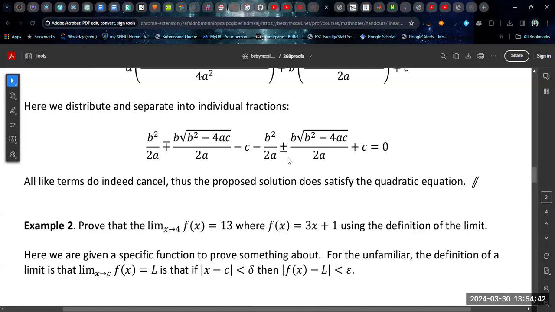And then here I have plus minus. So the minus goes with the plus, they cancel. The plus goes with the minus, they cancel. And the minus c and the c also give me 0. And since 0 equals 0 is a true statement, we can see that all like terms do cancel, and thus the proposed solution does satisfy the quadratic equation.